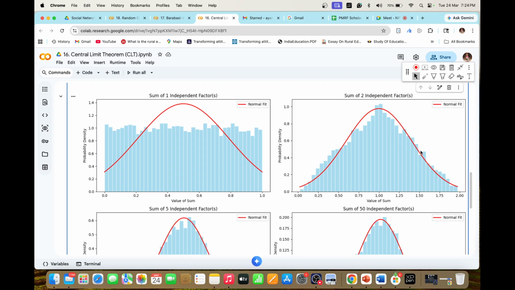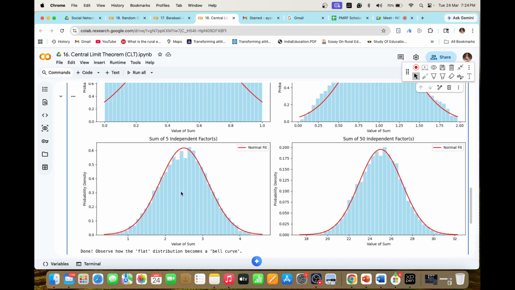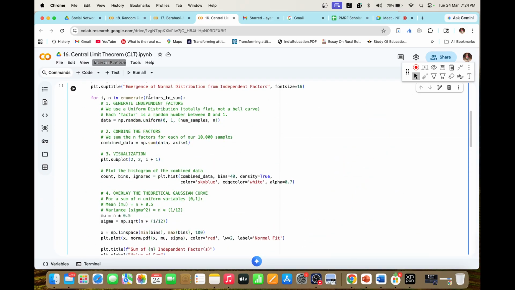Now we have a more bell shaped curve. Then we have the sum of 5 independent factors, and the sum of 50 independent factors. Observe how the flat distribution becomes a bell curve as we increase the number of independent factors. This theorem is known as the central limit theorem.